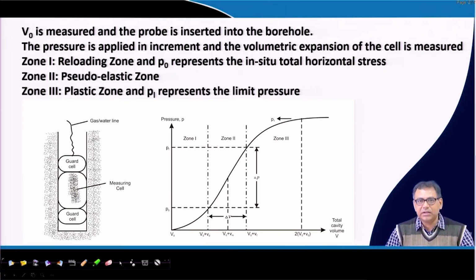I may not measure that value because of the limitation of the equipment, but I can extend this curve up to that point, and then I can find out the PL value. If I can go up to that point, fine, I can measure, but in most cases it is not possible to go up to that point. So, I have to finish the test before that point, and I can locate the PL value, which is called the limit pressure.